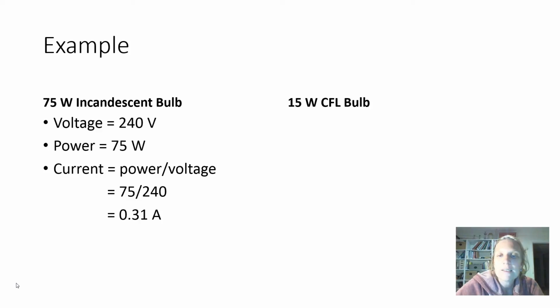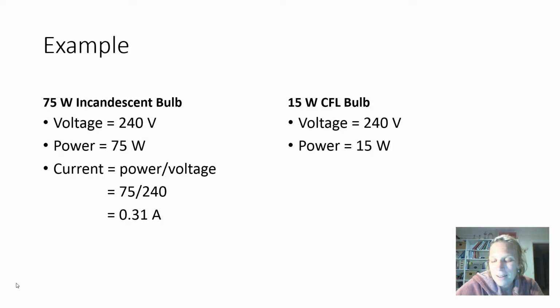Meanwhile, if we consider the newer generation compact fluorescent bulb, again, we're plugging it in Australia, so its voltage is 240 volts. Power comes from the packet, apparently 15 watts. And we solve exactly the same equation that we did just a minute ago. Current is equal to power divided by voltage.